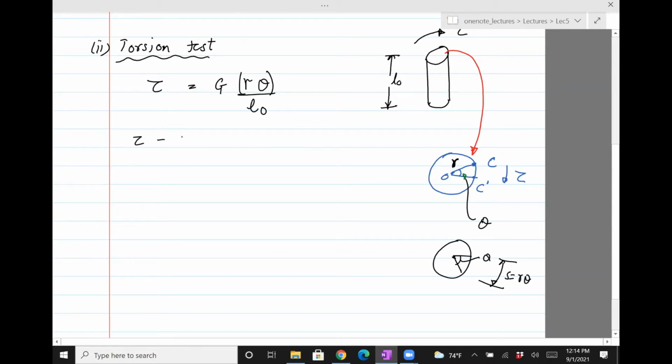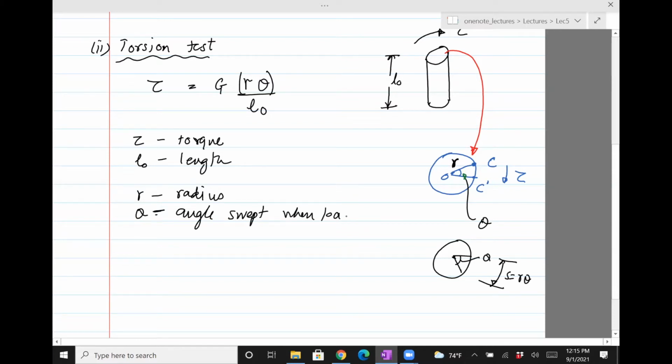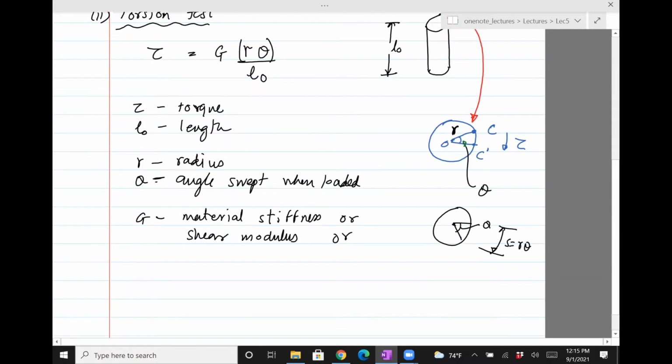So again, tau is the torque, L0 is the length, R is the radius, theta is the angle swept when loaded, and G, which is similar to the Young's modulus for the tension test, is called the material stiffness, or it goes by the name shear modulus, or it also goes by the name modulus of rigidity.